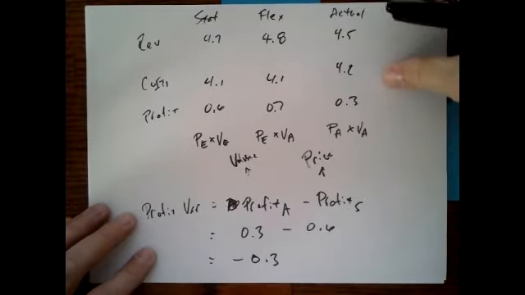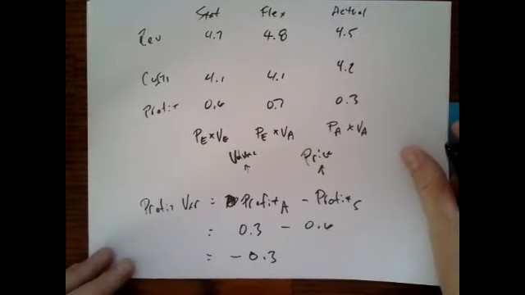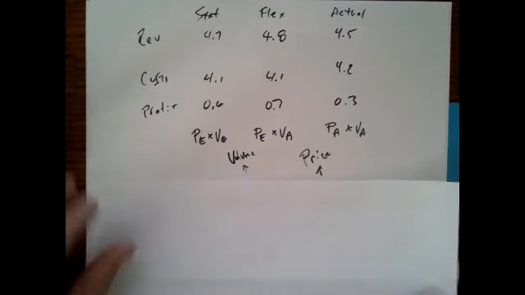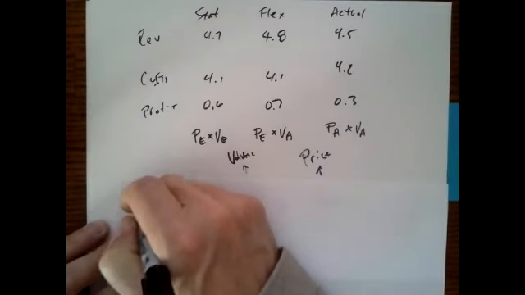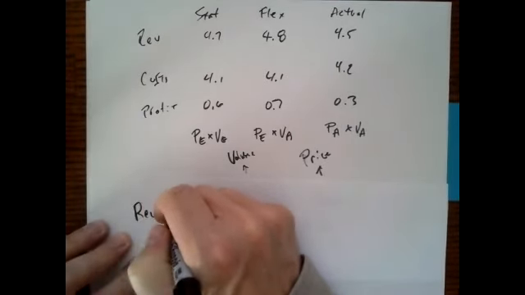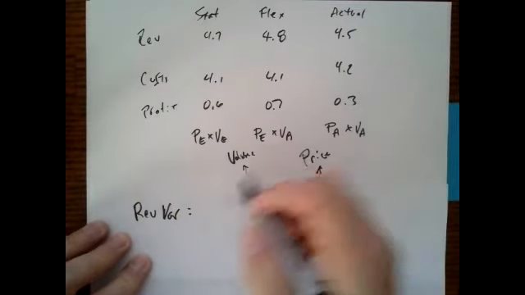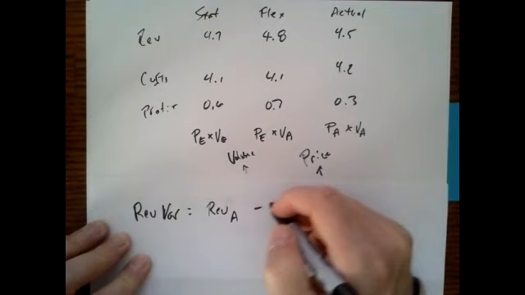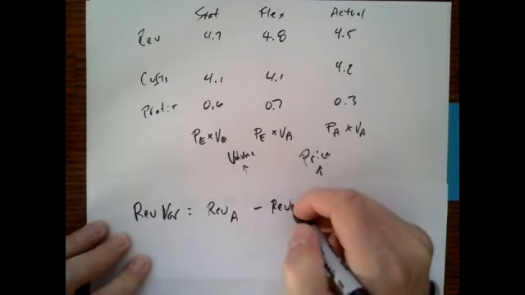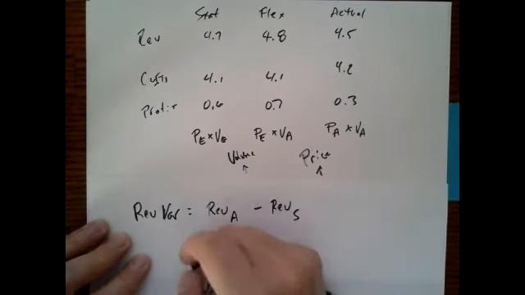Now, part B asks us to calculate the revenue variance. So revenue variance is going to equal the revenue actual minus the revenue stat.